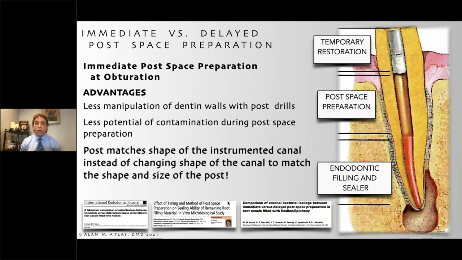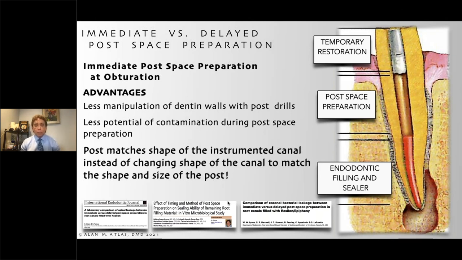Too often, we're going in and over drilling the internal aspect of that canal with these post drills, taking away healthy tooth structure, weakening the tooth, creating crack propagation, especially if you're not using the microscope. So this all comes together as the most logical way to proceed. Do it at obturation, whether you're the endodontist or the restorative dentist doing the endo. It should be done now.